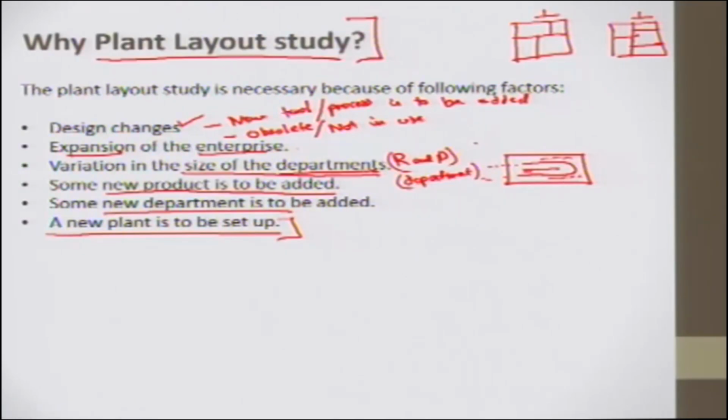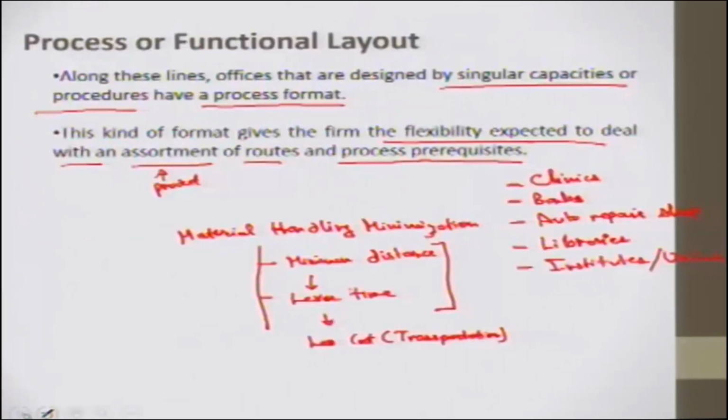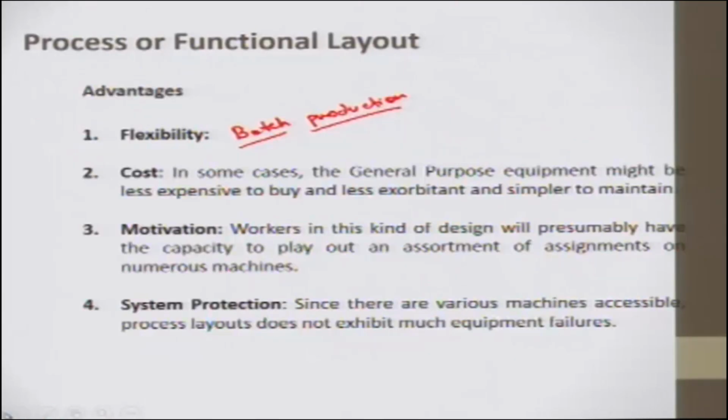As I have just discussed in why plant layout study is required, for variation in size of department, product design changes, or when some new product is to be added, this process layout offers the best flexibility, because we will see in product layout or line layout that putting even one machine into the line would demand relocation of all other machines. So the flexibility is very high here.